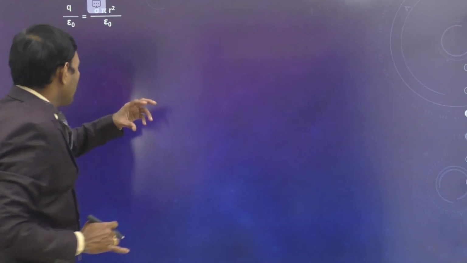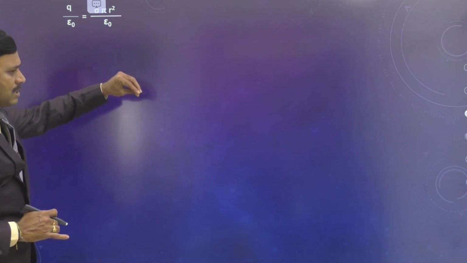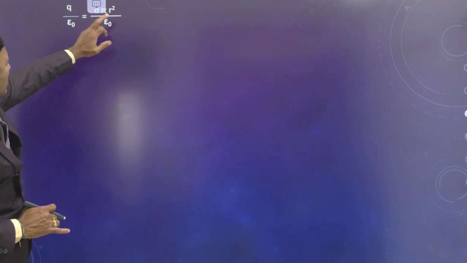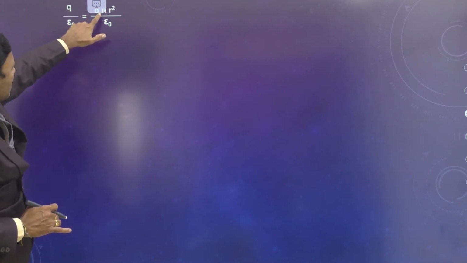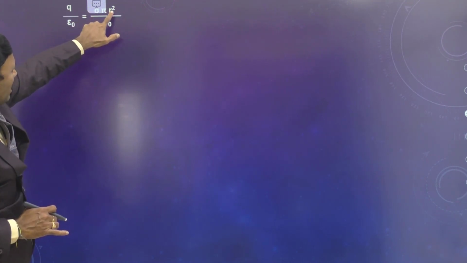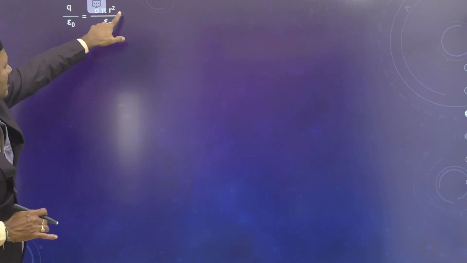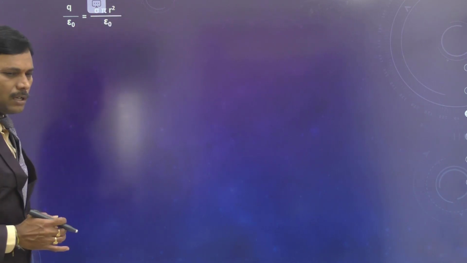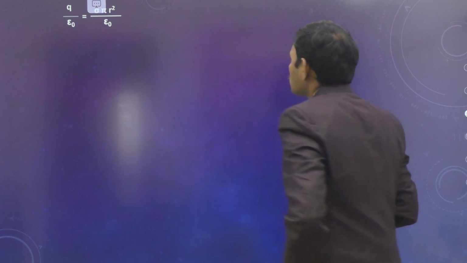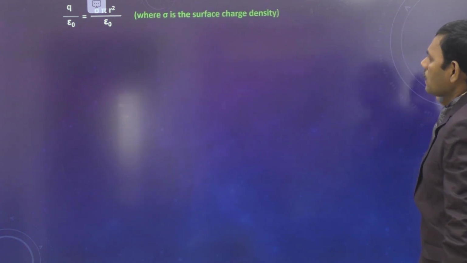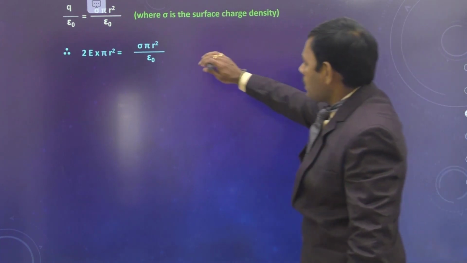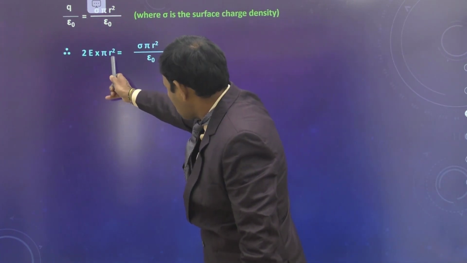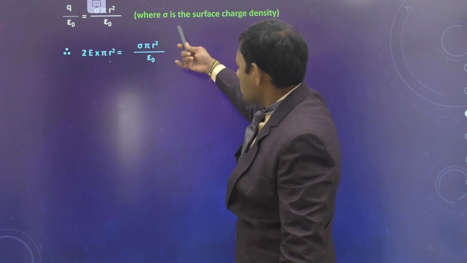In the given plane sheet, the Gaussian surface passes through radius r. The charge contributed by the circular area is charge density into area, so sigma into pi r square by epsilon naught. Equating LHS and RHS in the Gauss formula, 2E into S, where S is pi r square, equals Q by epsilon naught.